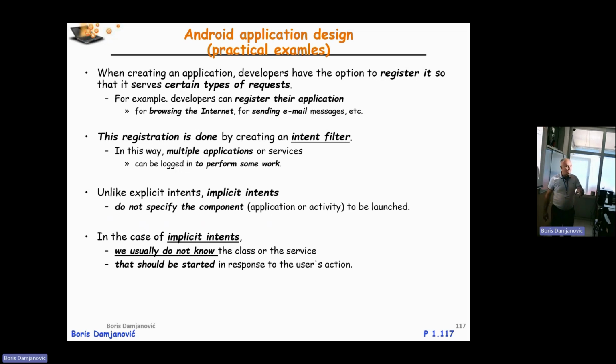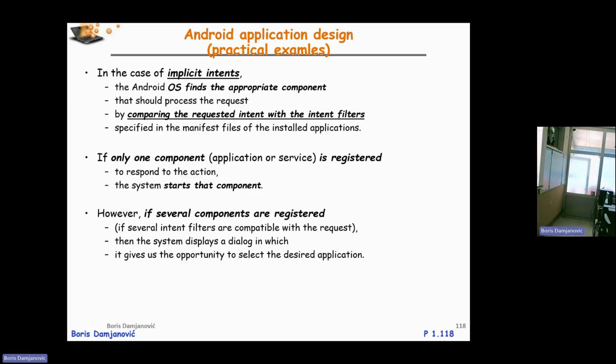With the previous example, we specified we want exactly that activity to answer our request. We will not say here that we want exactly activity X. We will say we want to do that job. Show me the application that I registered in the Android operating system to do that job.